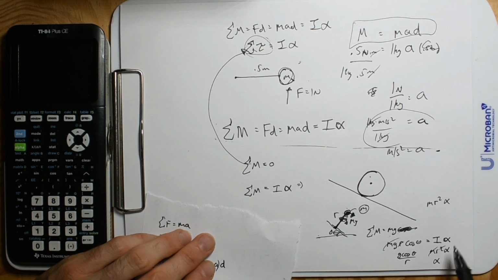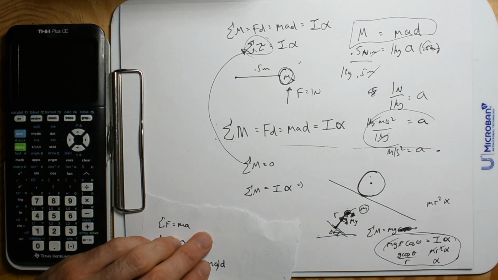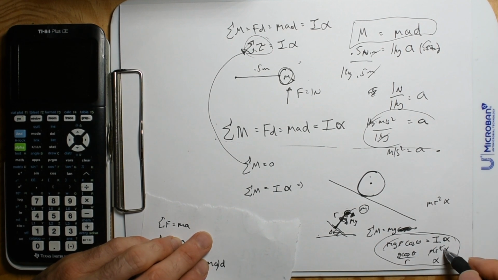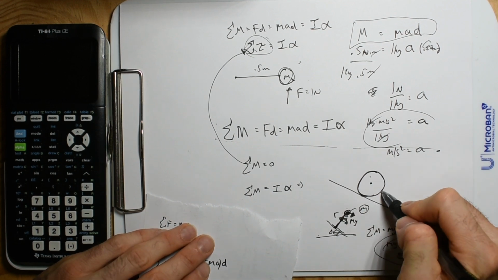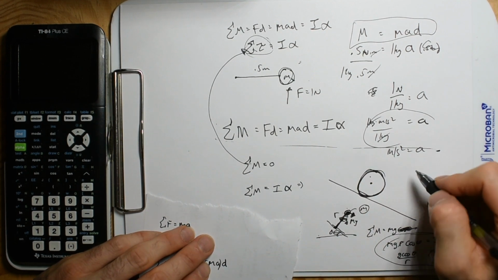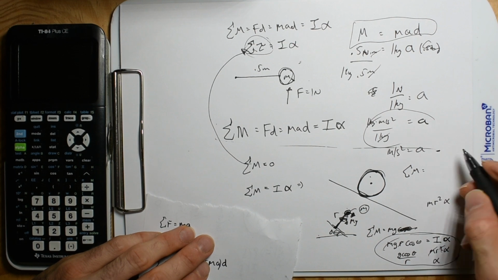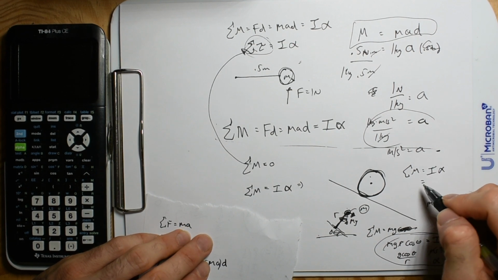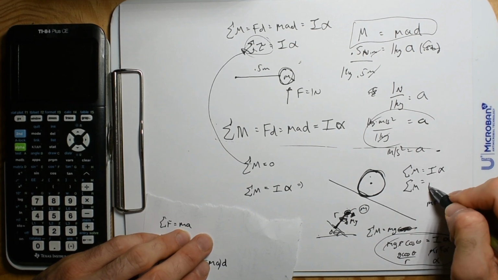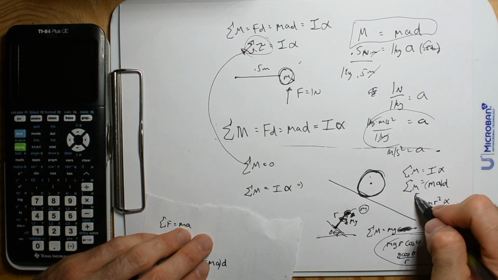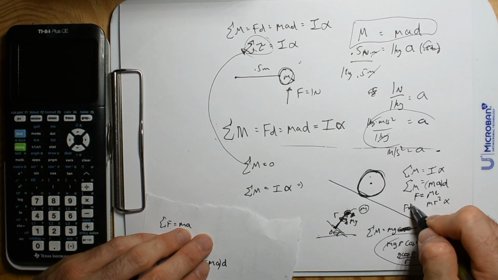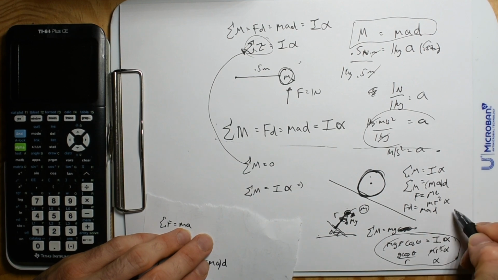We just do simple things like that. But we'll actually put numbers on them and make rotational problems as simple as possible, starting with the moments and knowing that that's equal to I alpha, or the sum of the moments is just equal to MAD. It's just that F equals MA, but if you have FD, that's going to equal MAD.